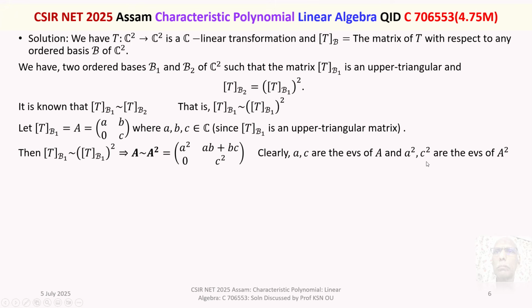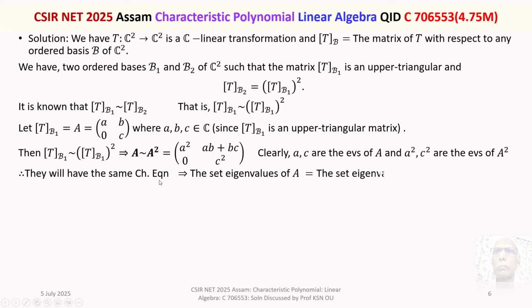Therefore, a square and c square are the eigenvalues of A square. So what can be the eigenvalues of T? What are the possibilities for a and c? They will have the same characteristic equation. Why? Because A is similar to A square.